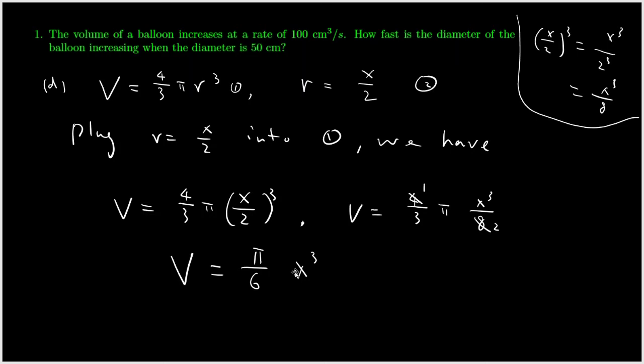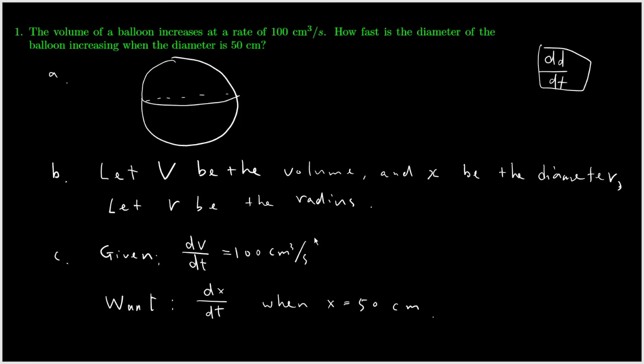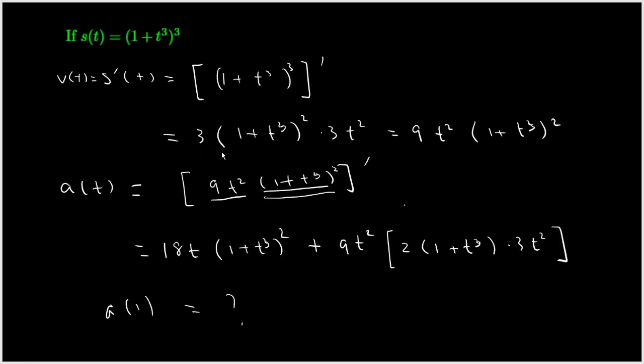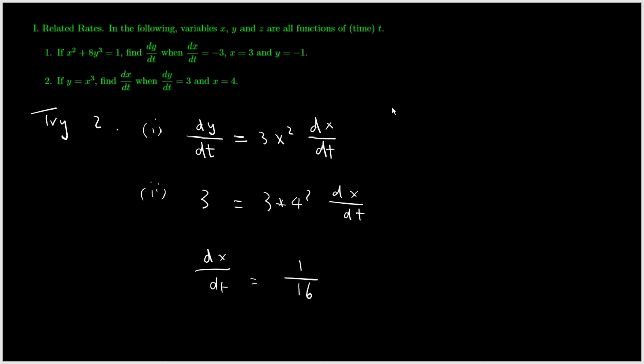Related rates problem. Okay. So does that make sense? So the word problem is now converted to a pure math problem. Do you see the problem is converted to the type of problem we did in part 1? Right.